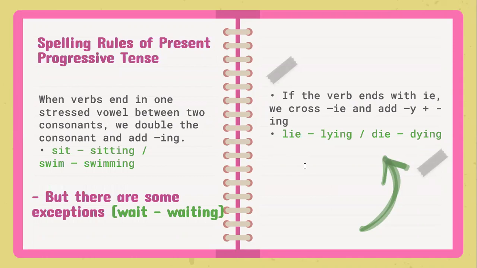So what I have to do is the following. I have to cross IE, remove them, take them out, replace them with the letter Y, then I add ing. So lie to become lying, I replaced IE by Y, and then I added ing, similar to die. Die ends with IE, I replace IE with Y, and then I add ing to change it from die to dying. It is dying. Okay, this plant is dying now.